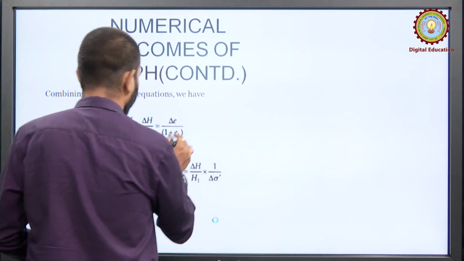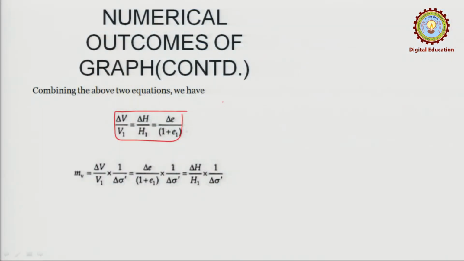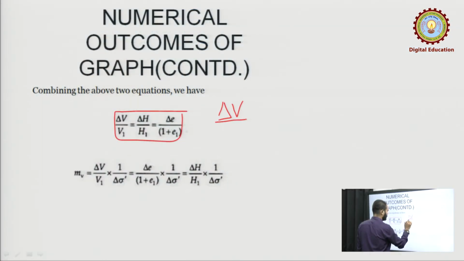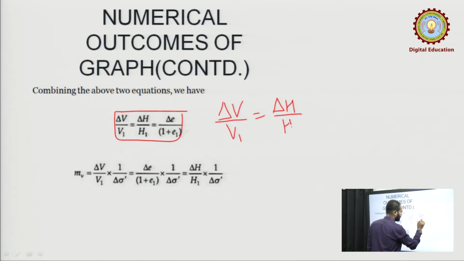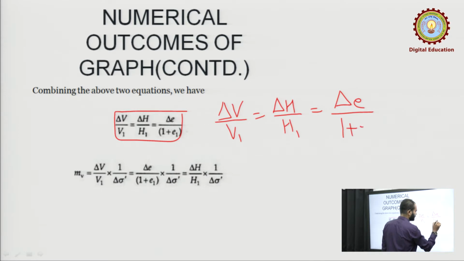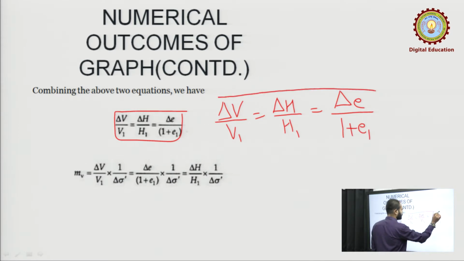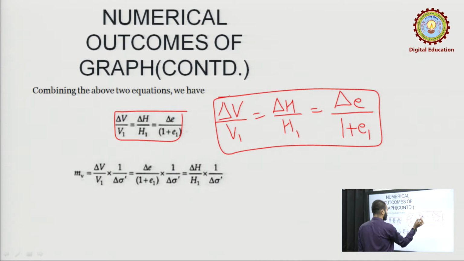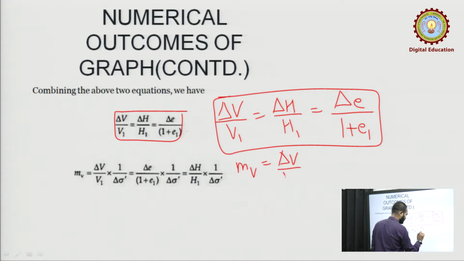So, now what we have is that delta V upon V1 is equal to delta H upon H1, which is equal to delta E upon 1 plus E1. Further, we also know that mv was delta V upon V1 into 1 upon delta sigma. So, this part can now be replaced by this as well as this.